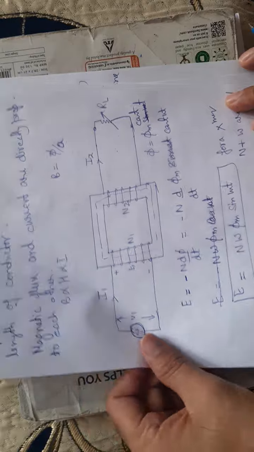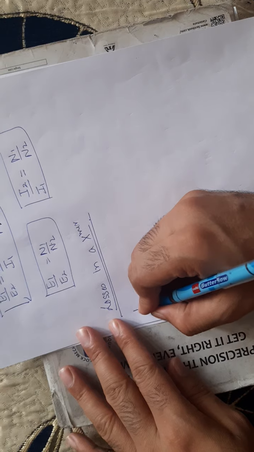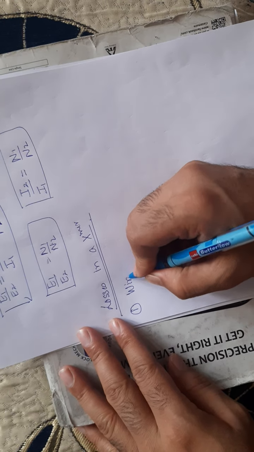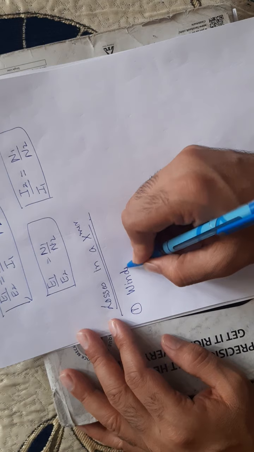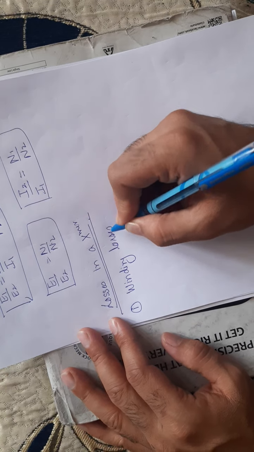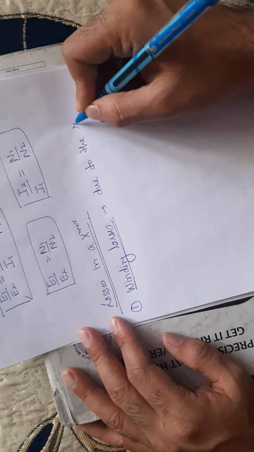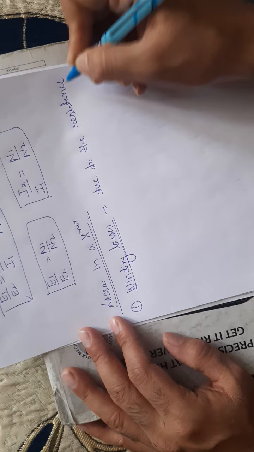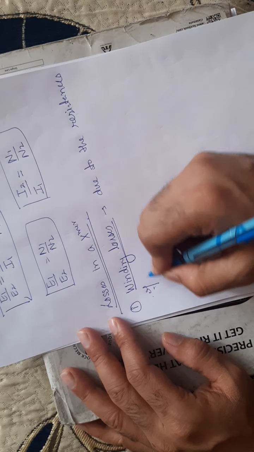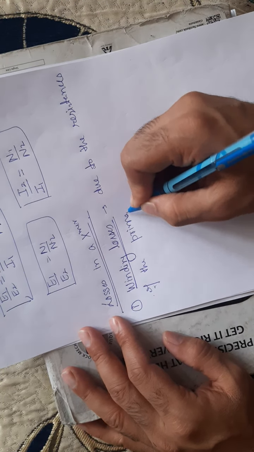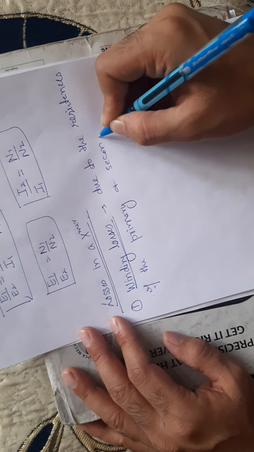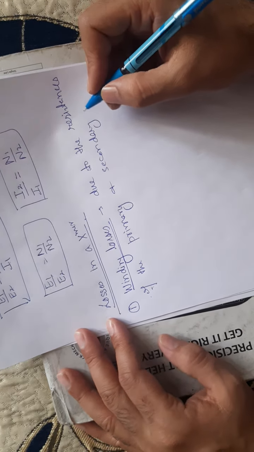Okay, so I am talking about the transformer losses, page number 5 here. Losses in a transformer: I will have two types of losses. Number one is the winding losses. These losses are due to the resistances of the primary and secondary windings.